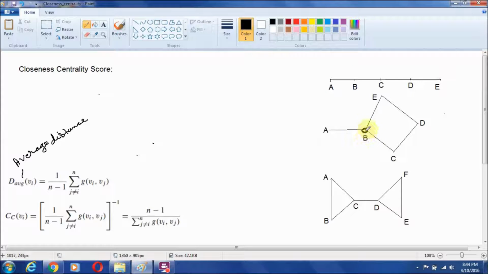Suppose we start with node B, then the average distance of node B with respect to all other nodes of the graph will be equal to the sum of its distances from all other nodes. Here, instead of the simple distance, we use the concept of shortest path, or geodesic distance.